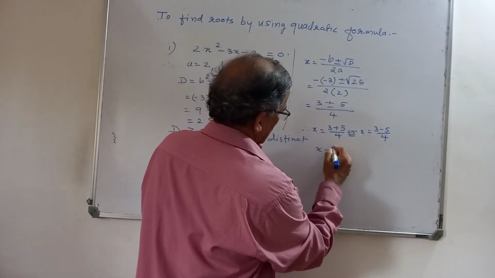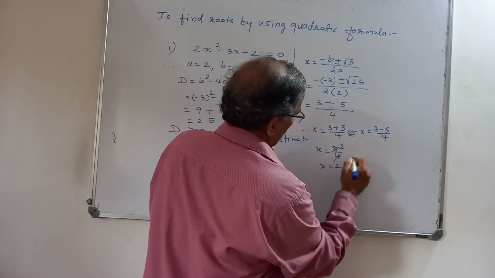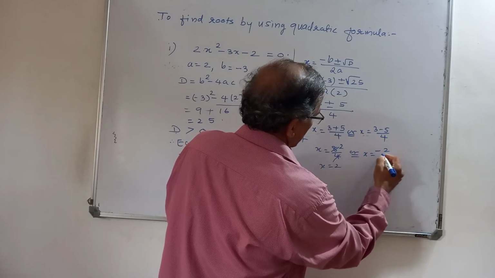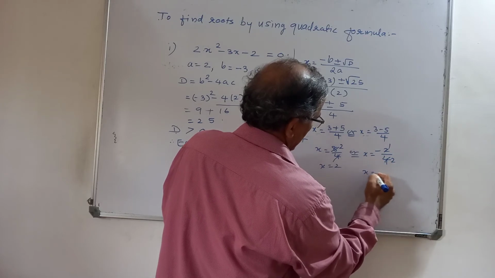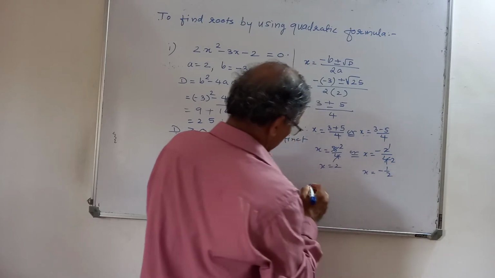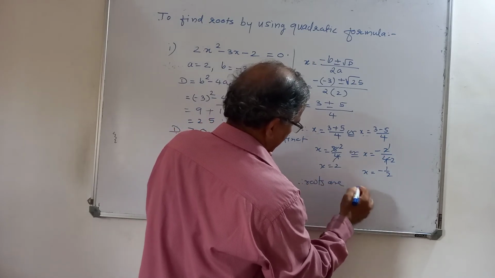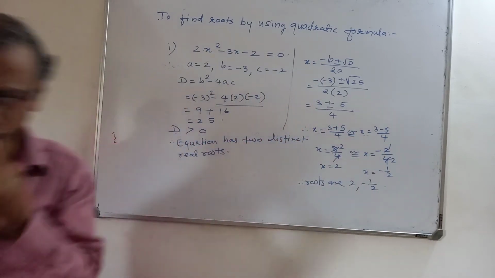So x is equal to 8 by 4, that is 2, or x is equal to minus 2 upon 4, that is minus 1 upon 2. And therefore, the roots are 2 comma minus 1 upon 2.